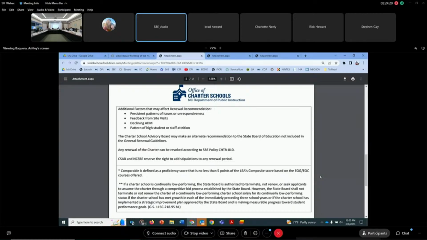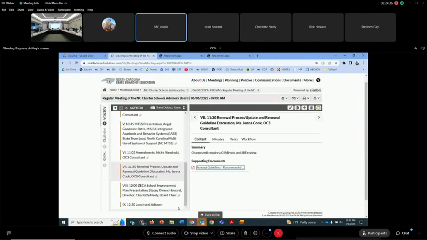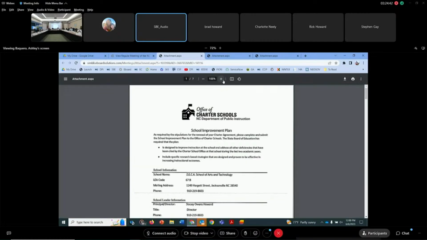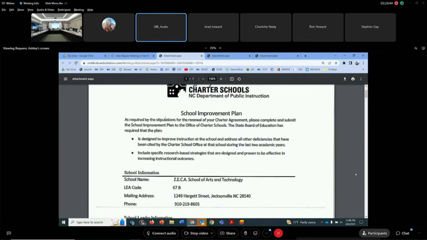All right, I'm just going to go ahead and introduce our last group for today. We have representation from ZECA to present their school improvement plan that was required as part of the stipulations for their renewal.